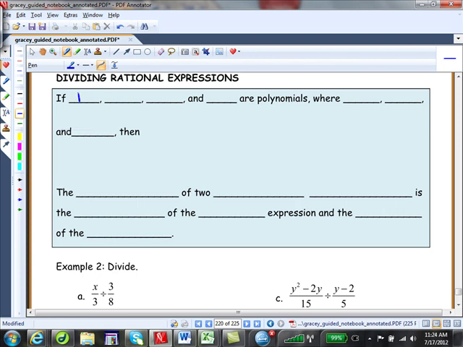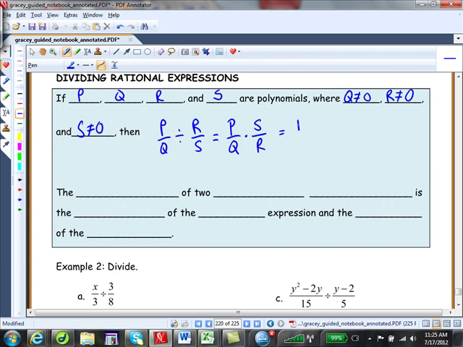If P, Q, R, and S are polynomials where Q is not equal to 0 and R is not equal to 0 and S is not equal to 0, then if we have P over Q divided by R over S, remember that turns into a multiplication problem: P over Q times S over R. And didn't we just talk about what that was?